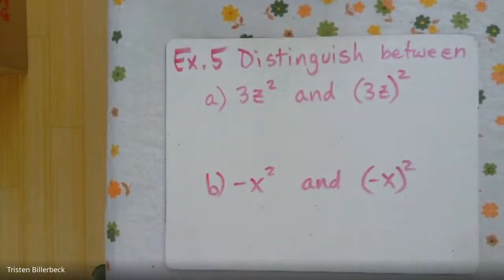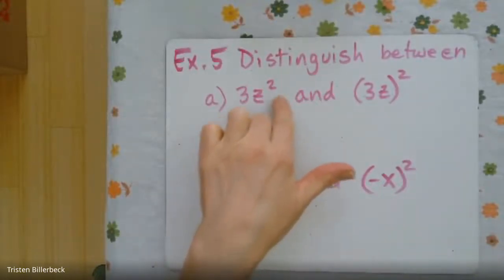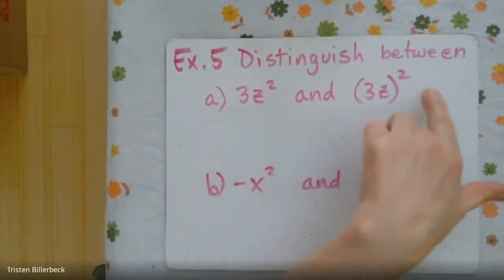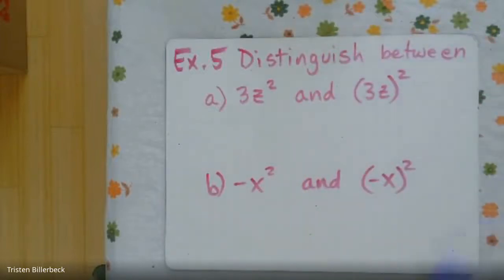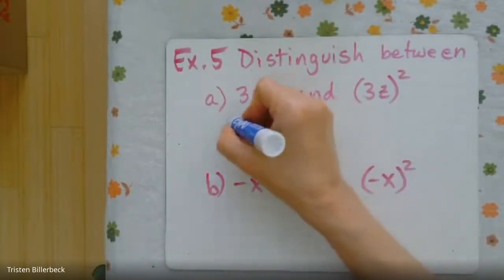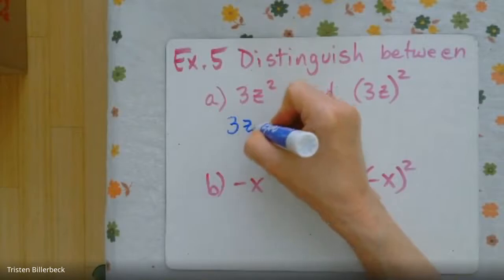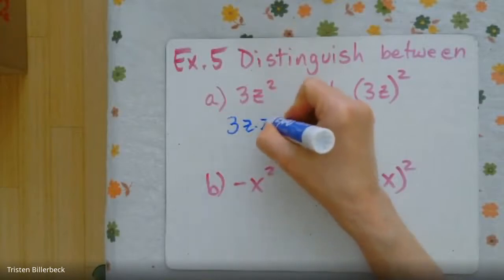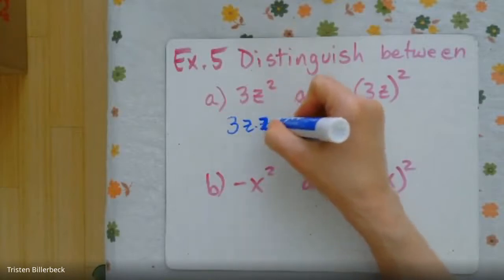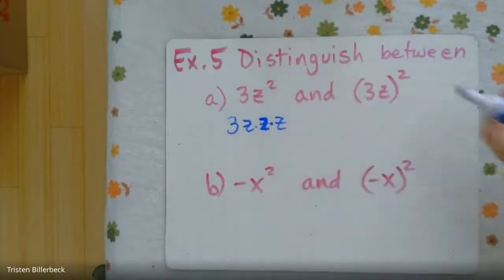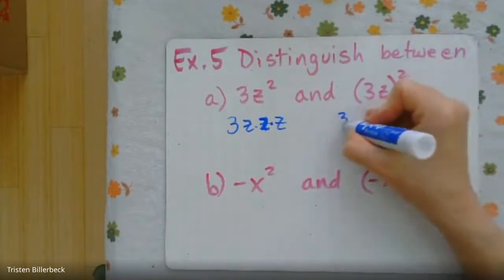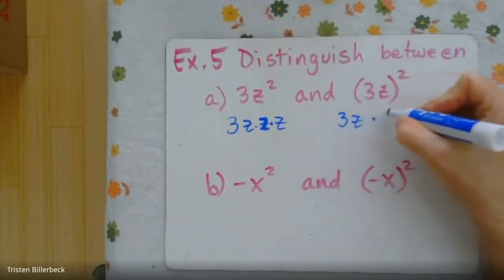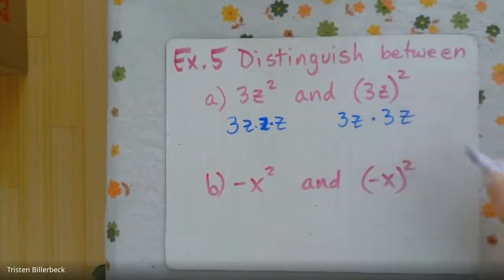Now we want to distinguish between 3z squared and 3z, the quantity, squared. So when we look at that, we have 3z squared is 3 times z times z. 3z, and the whole quantity is 3z times 3z.